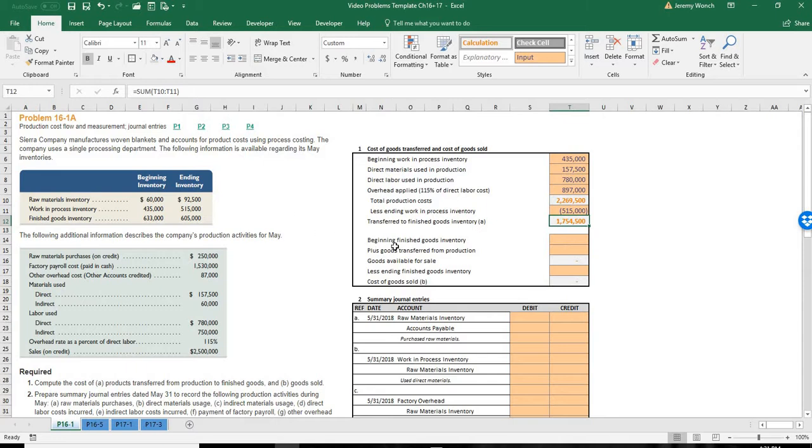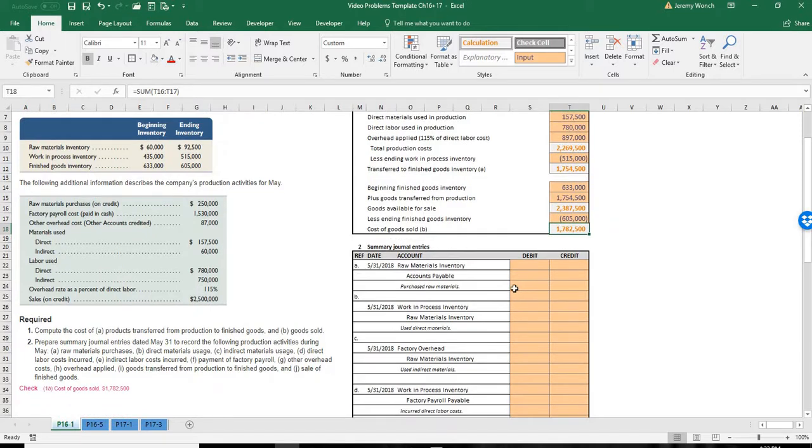We start with our beginning balance in finished goods, 633, plus what we just calculated that we transferred in. That gives us our total goods available to sell. If we subtract out our ending inventory of 605, we have cost of goods sold of 1,782,500.